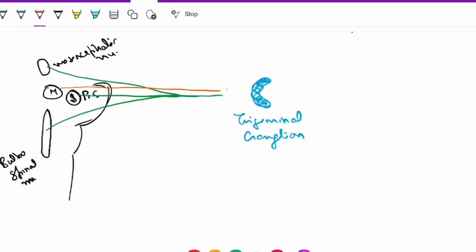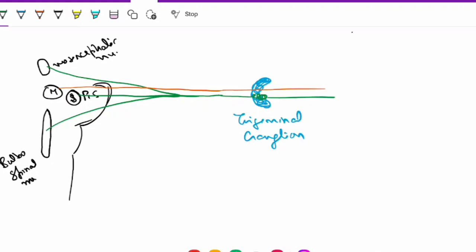Now notice something over here. Motor nerve fibers of the trigeminal motor nuclei, they do not relay in the ganglion as such. They just pass through it.